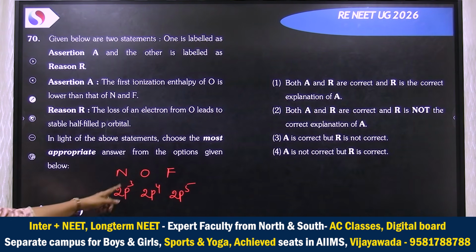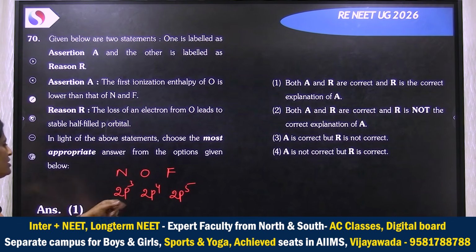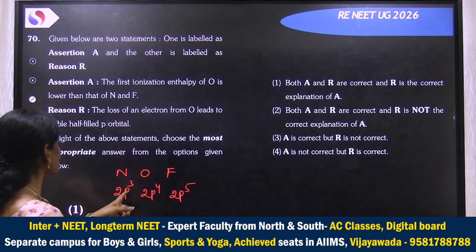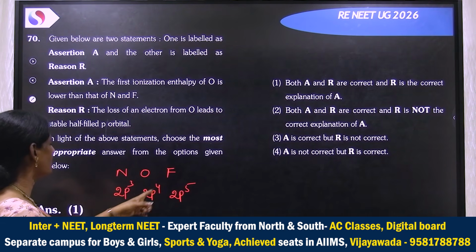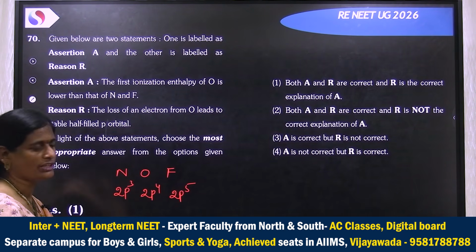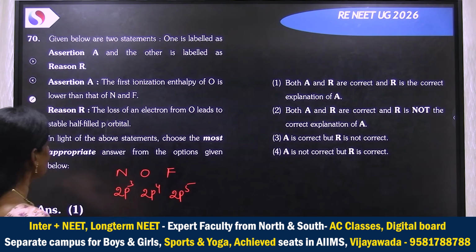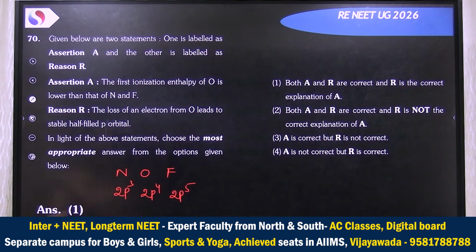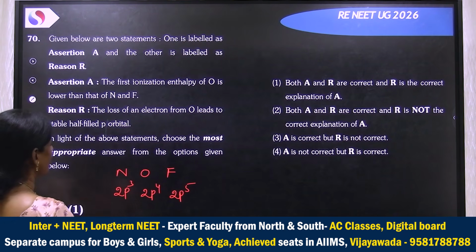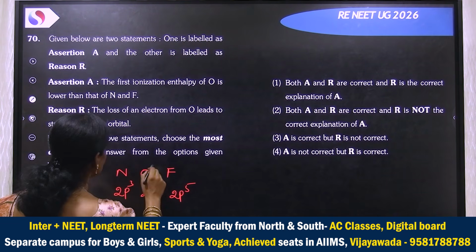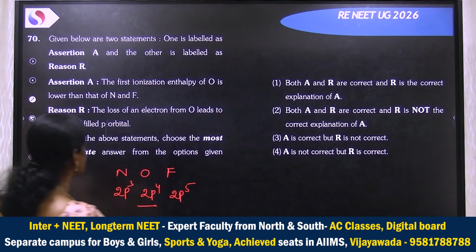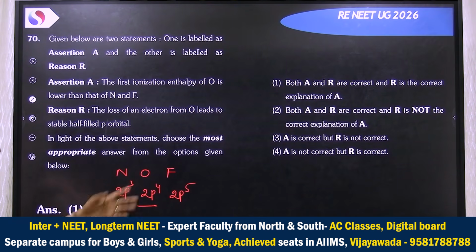Nitrogen has a half-filled stable configuration, so its ionization energy is more than that of oxygen. Therefore, the oxygen IE value is less than that of nitrogen as well as fluorine.